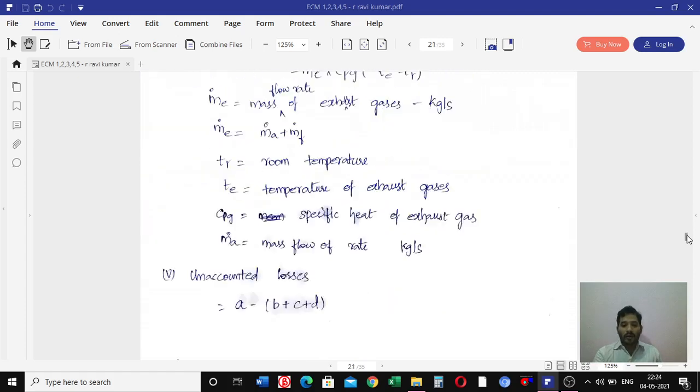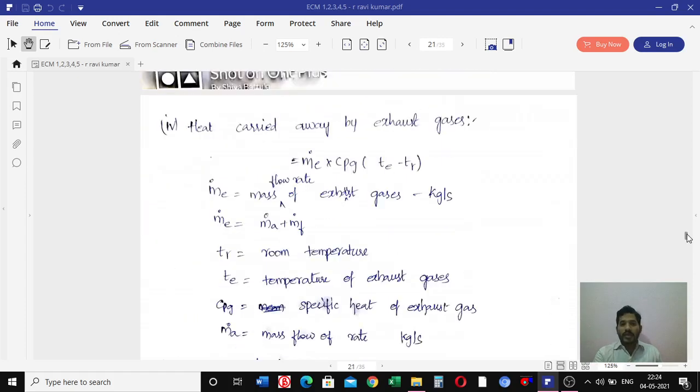The fourth one is the heat carried away by the exhaust gases. The heat carried away by the exhaust gases is equal to the mass flow rate of the exhaust gases into the specific heat of the exhaust gases into the bracket temperature of the exhaust gases minus room temperature.